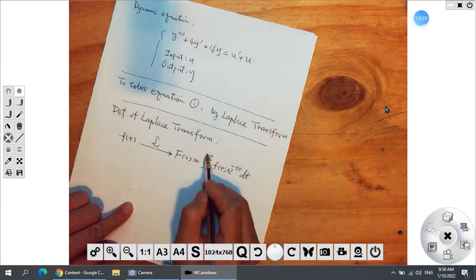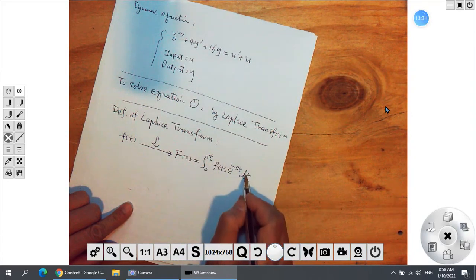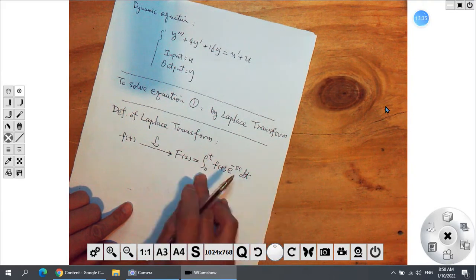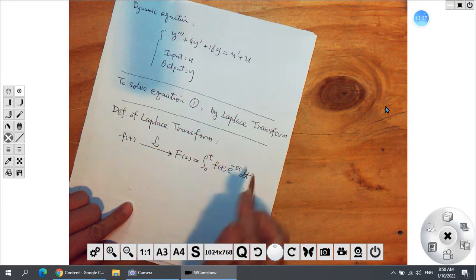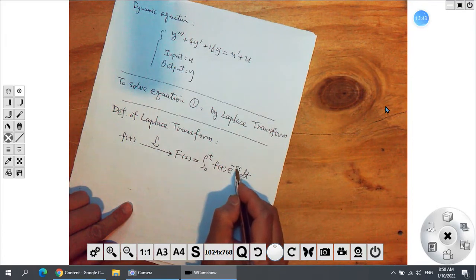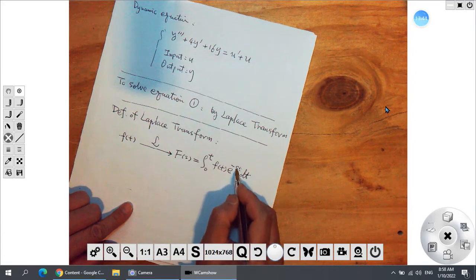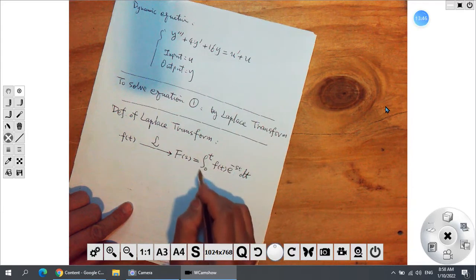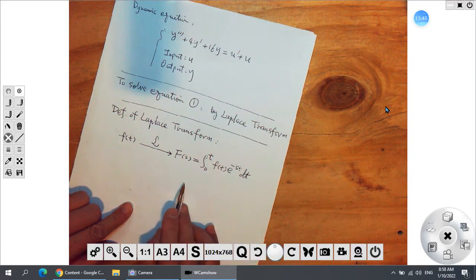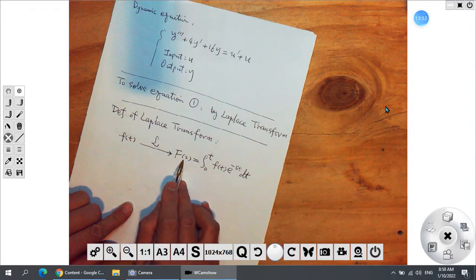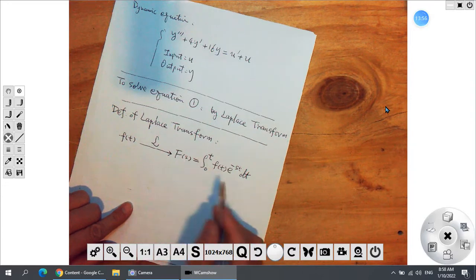Then we take the integral. We use t to perform the integral. So after we do the integral, the result only depends on the value of s. So we get a function of s. For different s, you have a different value. When s is changing, then you have a different value of capital F. So this is a function of s.